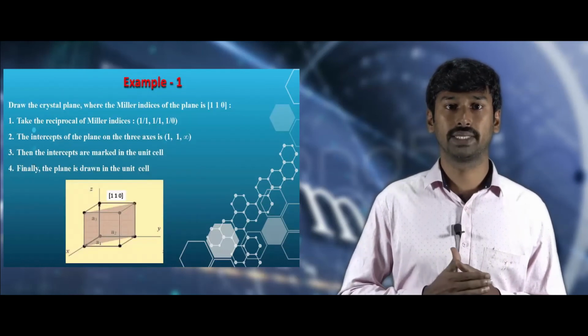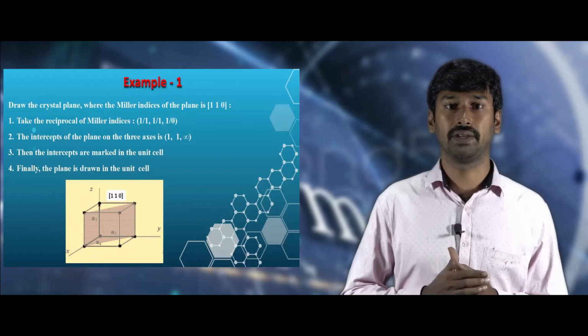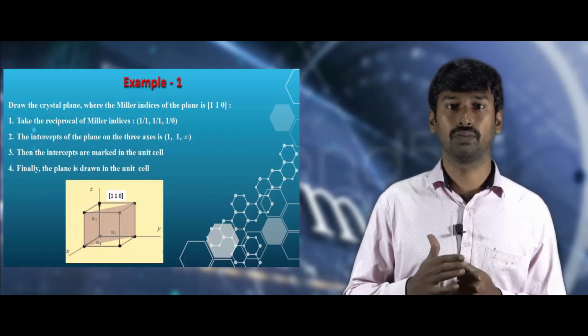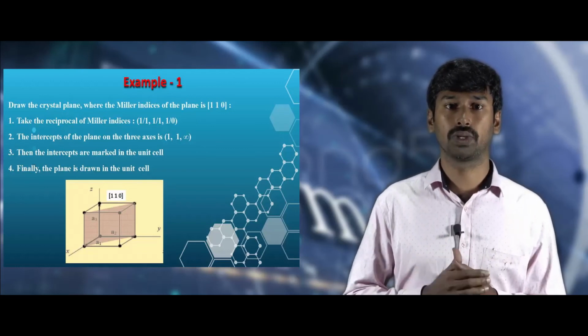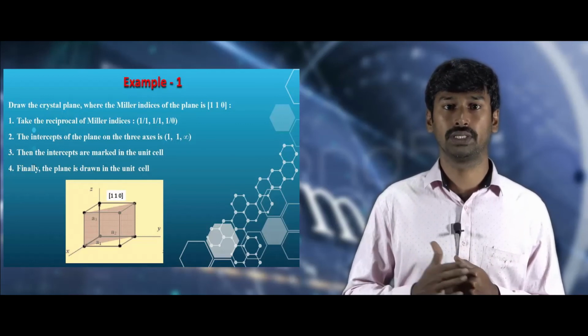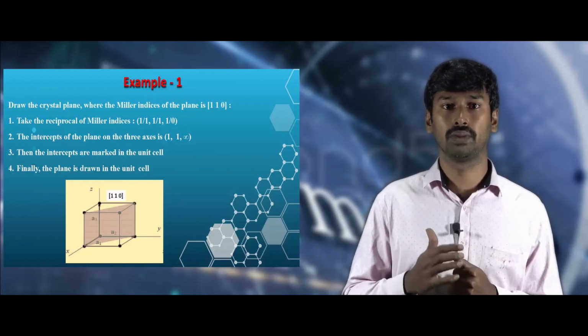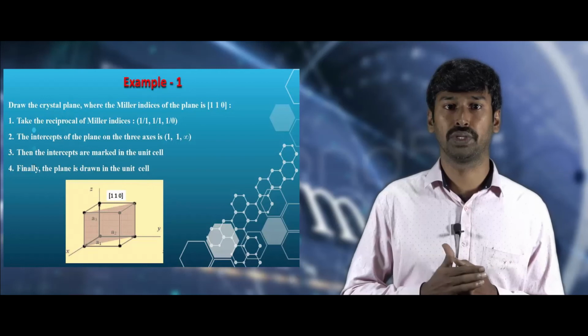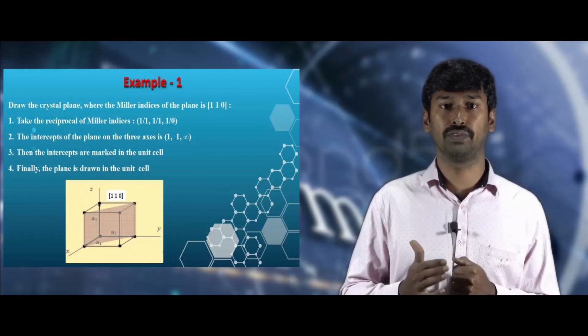Now we will see a few examples. Draw the crystal plane where the Miller indices are 1, 1, 0. Take the reciprocal of the Miller indices. If the given Miller indices are 1, 1, 0, the reciprocals of the Miller indices are 1 by 1, 1 by 1, 1 by infinity. Then the intercepts of the crystal plane are 1, 1, infinity.